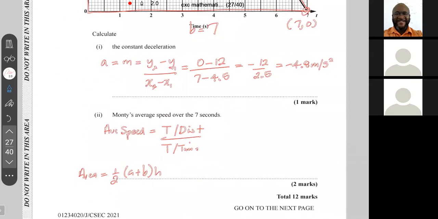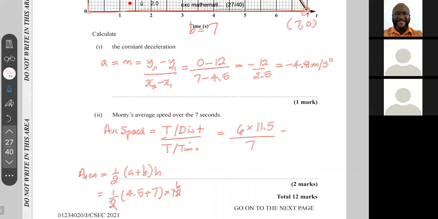So this is a half times, up top 4.5 plus 7, times 12. So the total distance would be 6 times 11.5, because a half of 12 is 6. Then it would be 6 multiplied by 11.5 divided by 7.